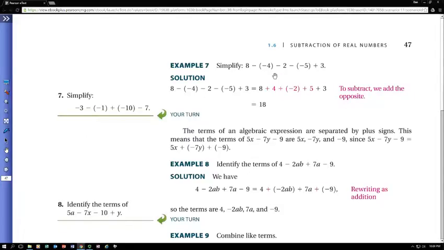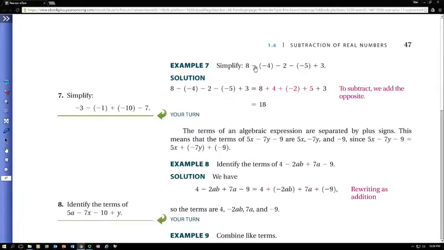Now here's a case where I've got a lot going on with signs and all that. And I can't change the order of these subtractions, I can't even put my negatives together, until it's an addition. Then I can change order. So I change everything to an addition.